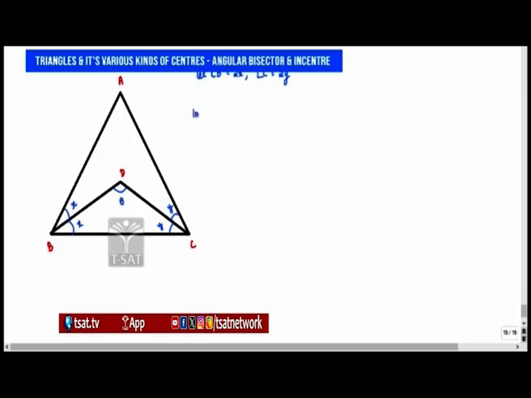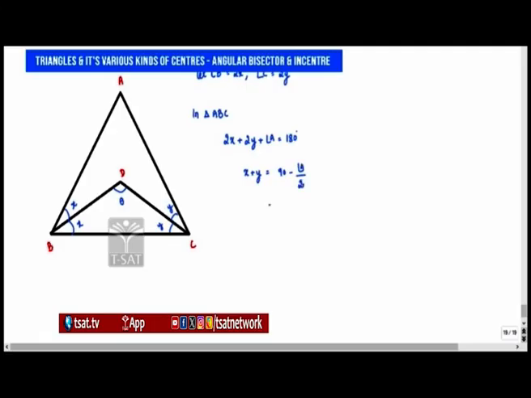First, in triangle ABC, 2x plus 2y plus angle A is equal to 180. Dividing everything by 2, x plus y is equal to 90 minus angle A by 2.